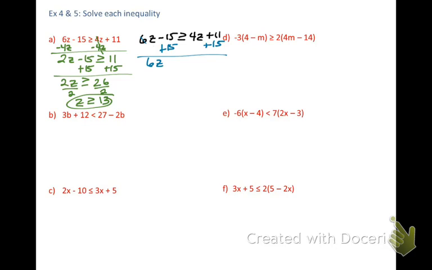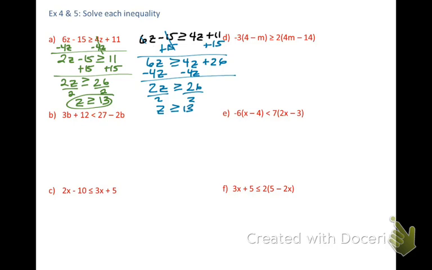So 6z is greater than or equal to 4z plus 26. Now I subtract 4z from both sides. So it's 2z is greater than or equal to 26. Divide by 2. Z is greater than or equal to 13. So you still get the same answer any way you look at it.